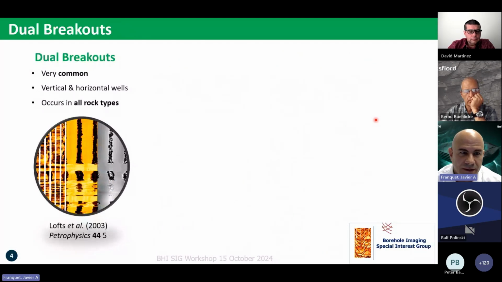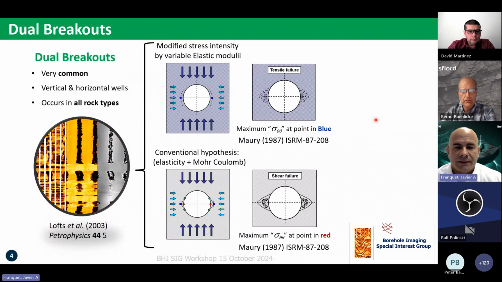So now let's look at the dual breakout in more detail. There was a lot of discussion about how these breakouts are created. Mauri had a very nice publication discussing the splitting of the tension using a modified stress intensity concept and a variable elastic moduli around the wellbore.